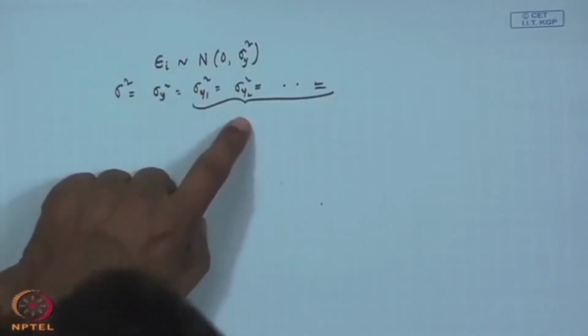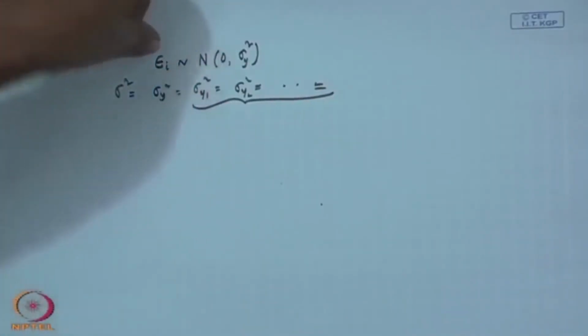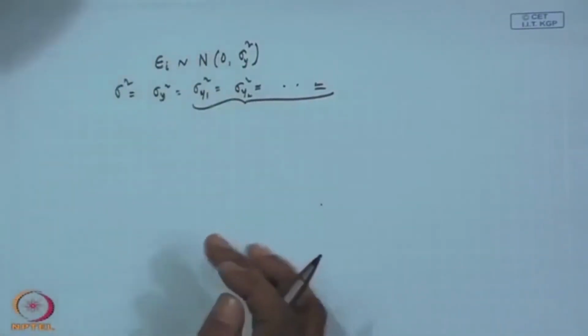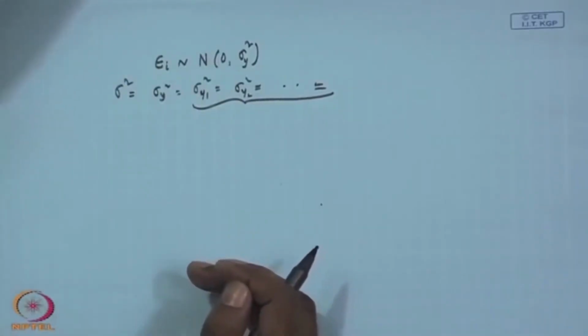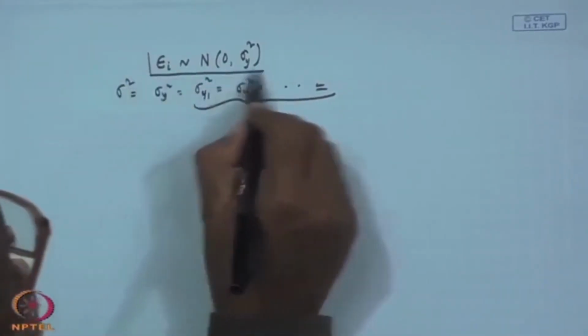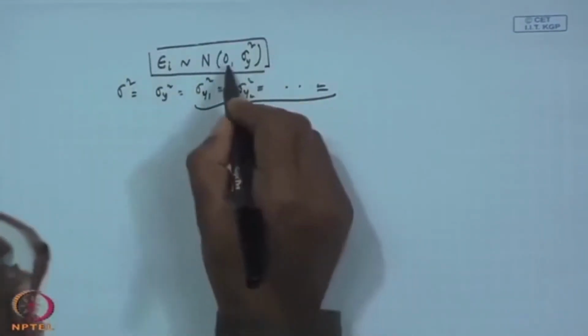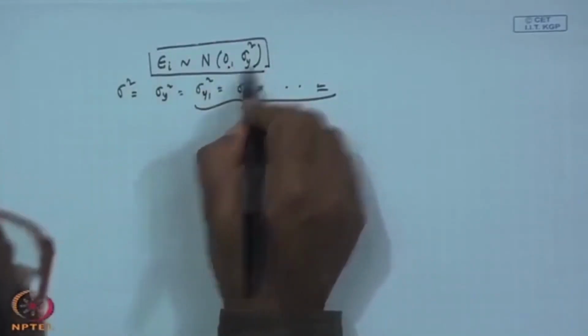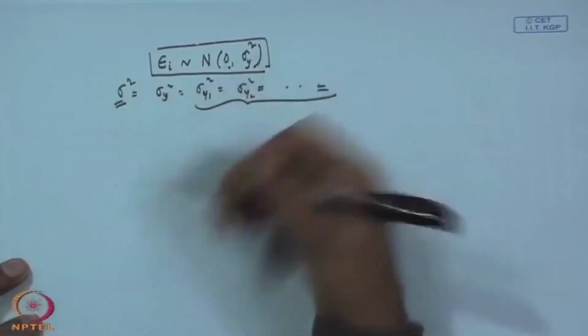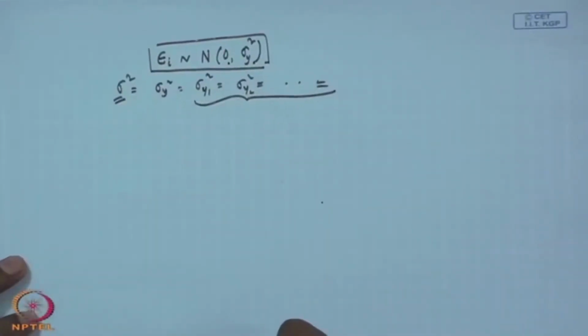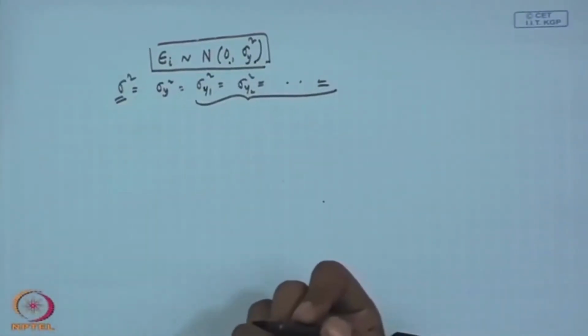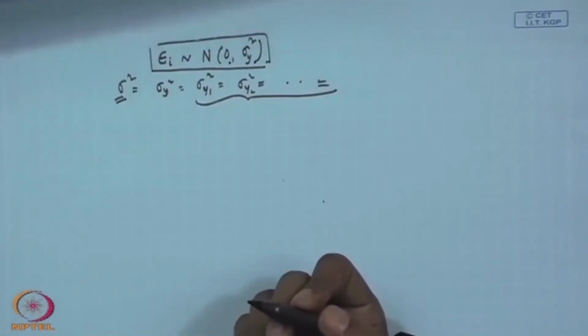This condition is very important, because the variability part will be taken care of by the error. So, the error will follow normality with mean 0 and variance sigma square, where sigma square is basically the y variability for each observation of x.